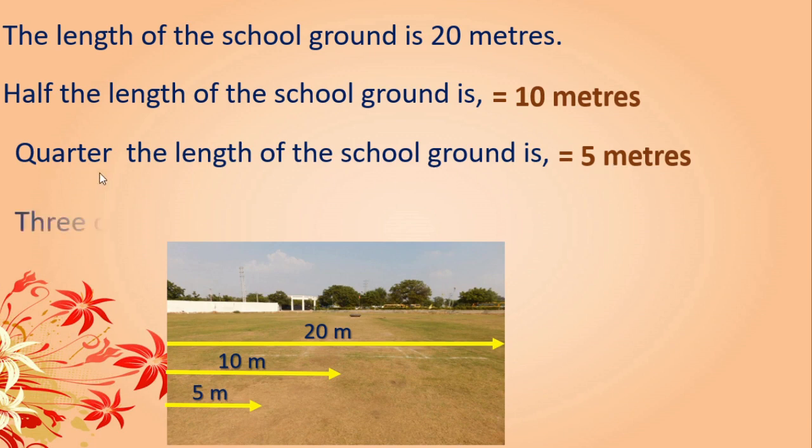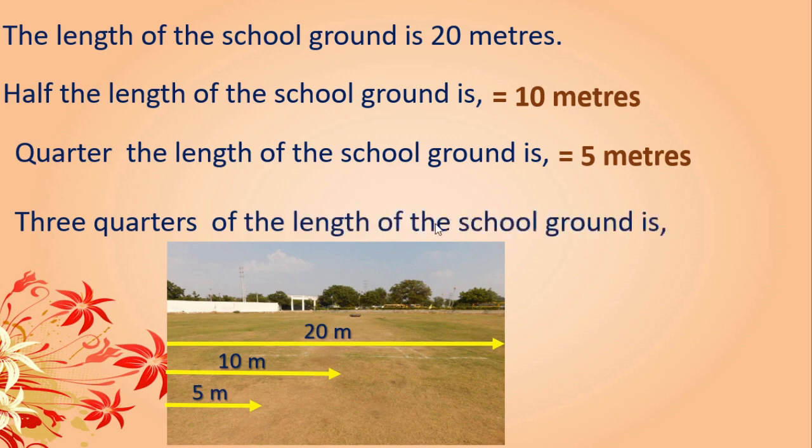Right? Now what about the 3 quarters of the length of the school ground? See, up to here, 3 quarters. You can go for 2 methods. You can multiply this quarter by 3, then also you will get the 3 quarters. Or if you minus a quarter from the whole, then also you will get the 3 quarters.